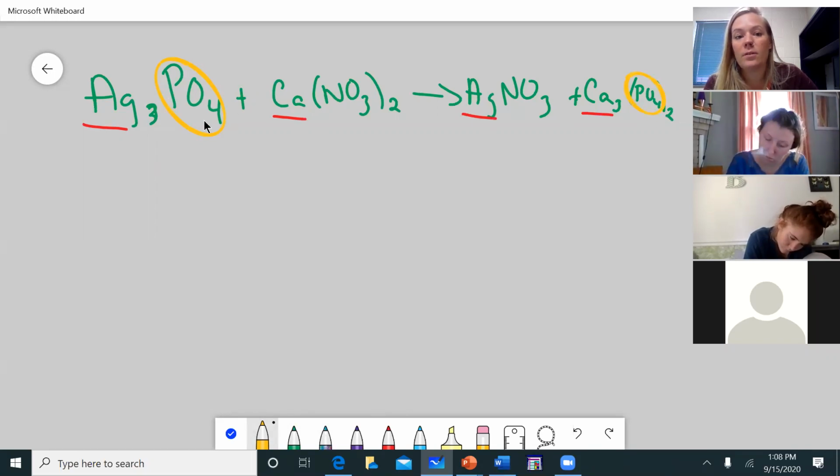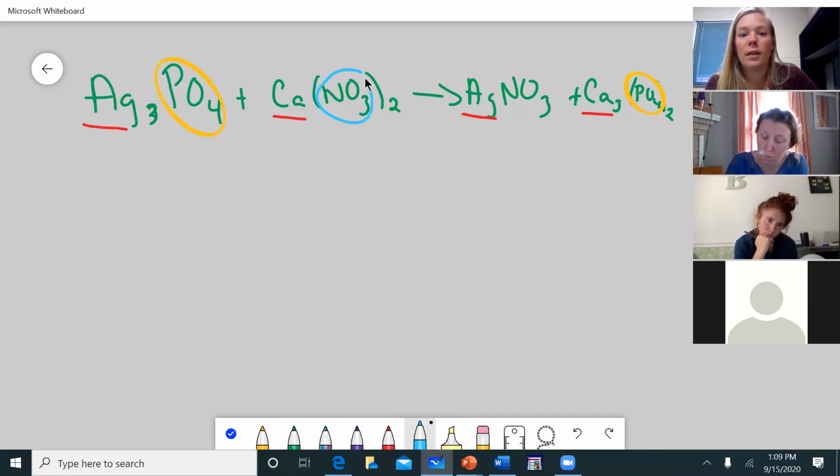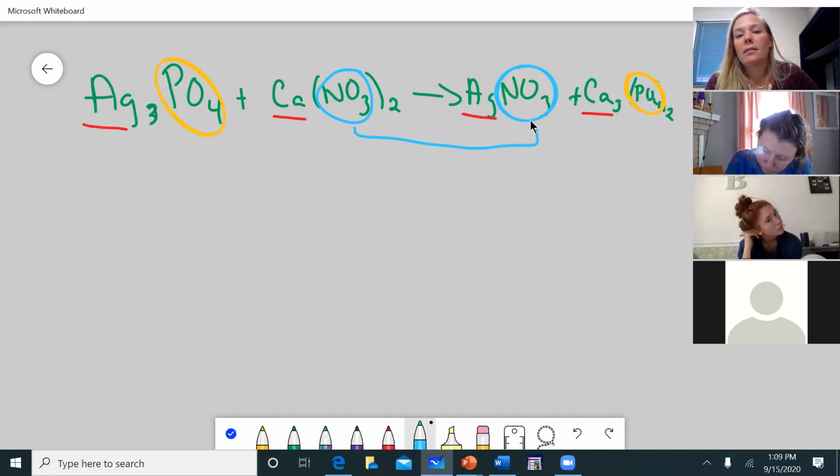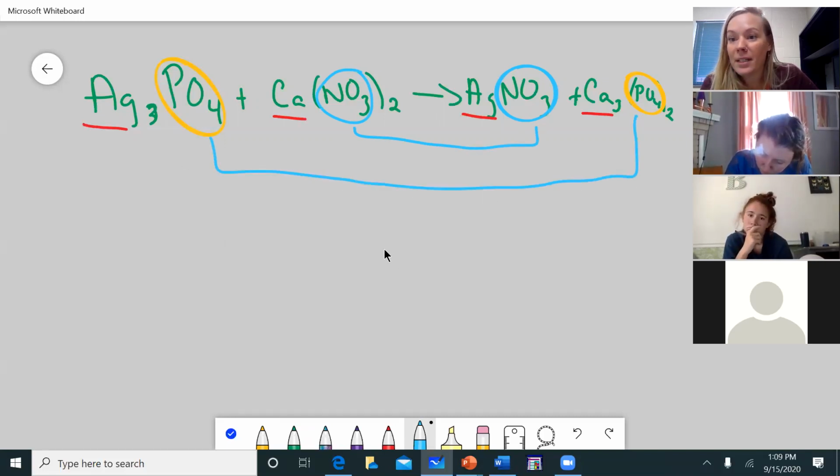They stay phosphates, right? PO4, PO4. We have another one too. We've got nitrate. So I've got NO3 and NO3. So because these stay intact, I'm just going to group them together when I take inventory. So they don't change, they don't become something else.